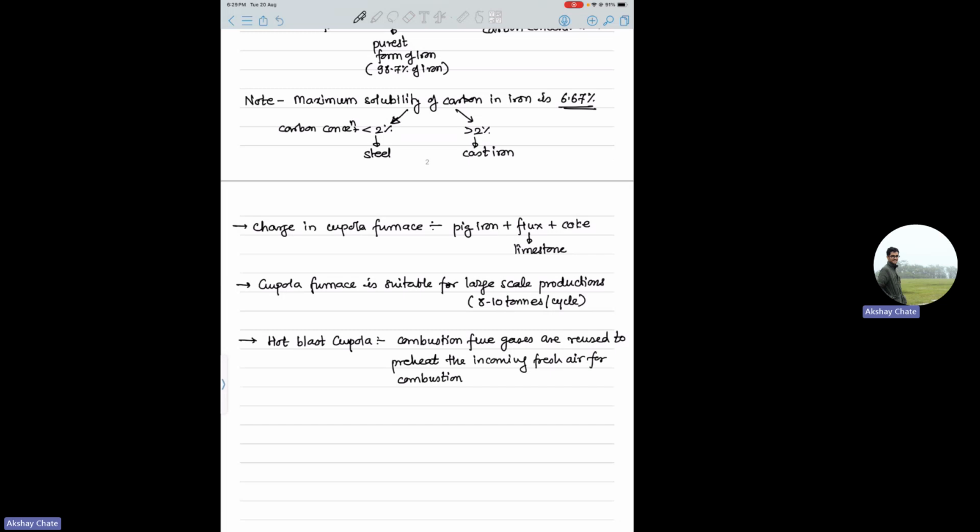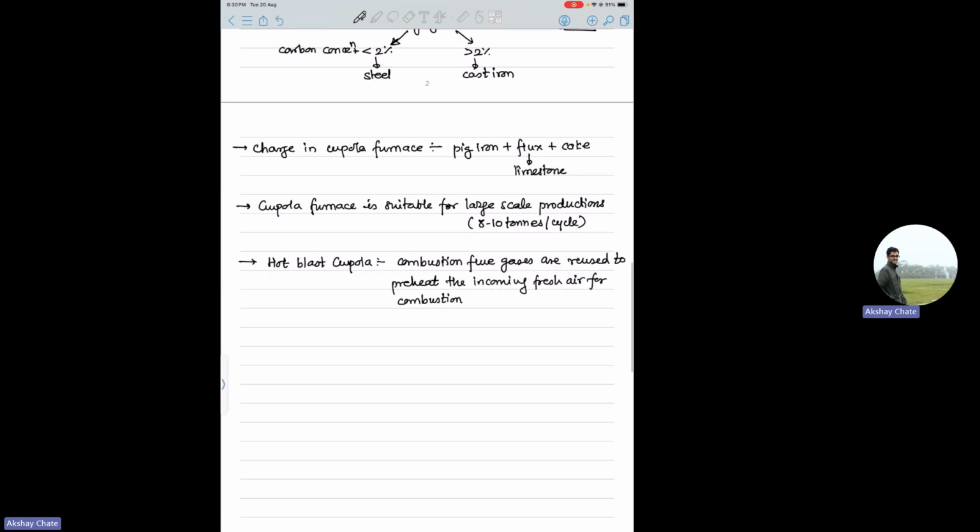And there is one more thing. Sometimes nowadays there is something called a cokeless cupola. Basically they reduce the quantity of coke in the charge, and it is replaced with ceramics or high temperature withstanding materials.